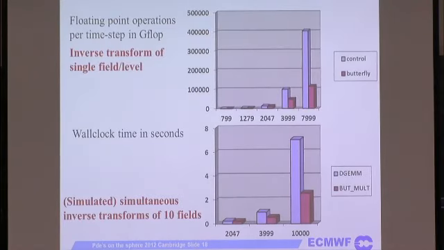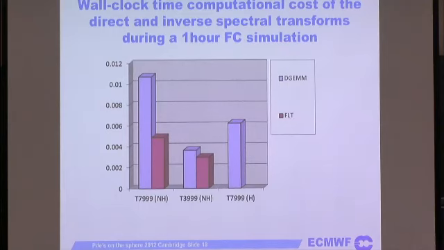So in terms of timings, I'm running out of time actually, as we're talking timings. The floating point operations, as you can see at T799, are substantially reduced with this butterfly algorithm, and also here with simultaneous transforms of 10 fields, you see a substantial reduction in the cost at T10,000. And these were single field reductions, and this is actual simulations.